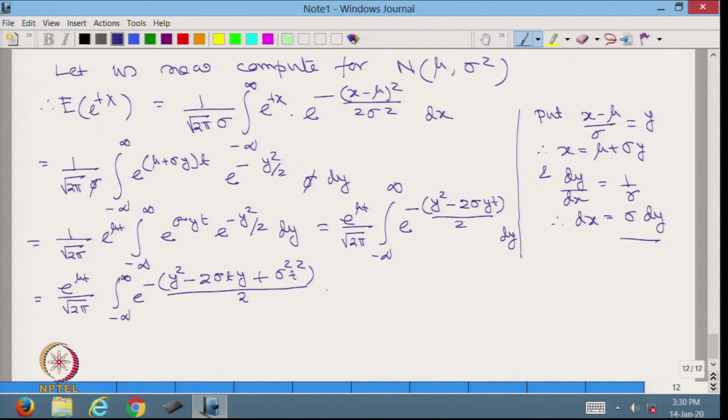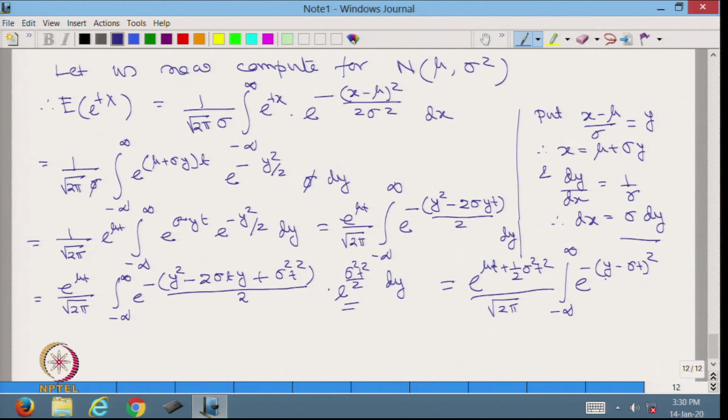Therefore, to compensate this, we write into e to the power sigma square t square by 2 dy. Now, this quantity if you take out, we get e to the power mu t plus half sigma square t square upon root 2 pi, integration minus infinity to infinity e to the power minus (y minus sigma t) whole square by 2 dy.